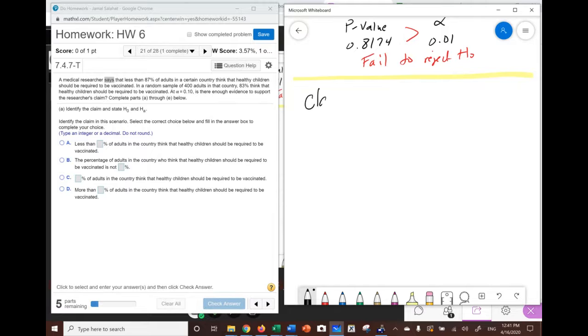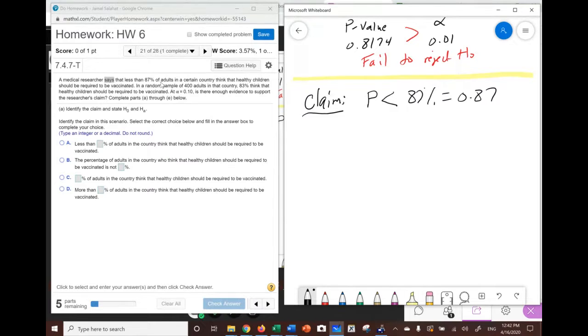So this is the claim. The claim in the problem is that less than 87%. When we're talking about 87%, we talk about the proportion. So the proportion is less than 87%, or 0.87, which is the same as 87%. That is what the researcher is claiming.